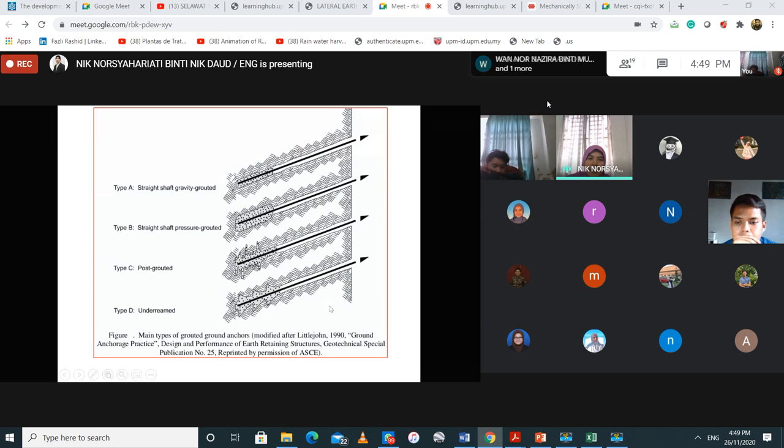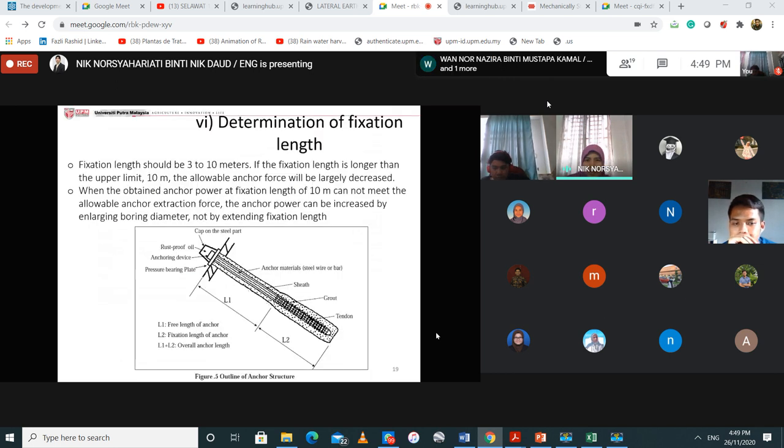It is either the straight shaft gravity grouted or pressure grouted, or the post grouted, where if you look at here, the cement has gone into the gaps of the ground itself, and under-reamed grouted ground anchors. So this is the main type. For each of it, if you want to look at the description, maybe you can just highlight the name and then Google it, right?